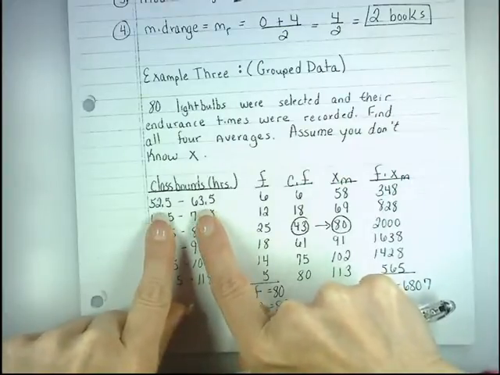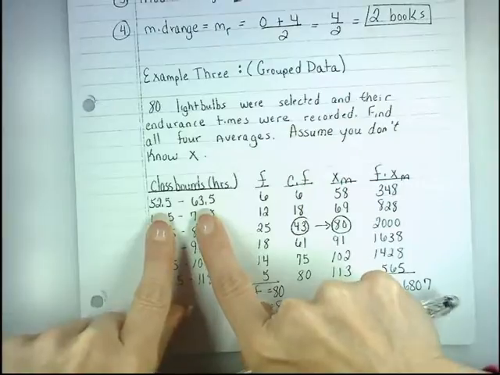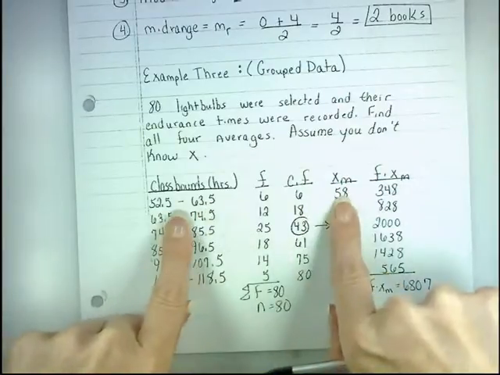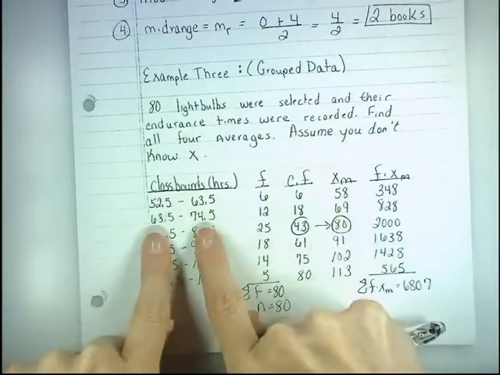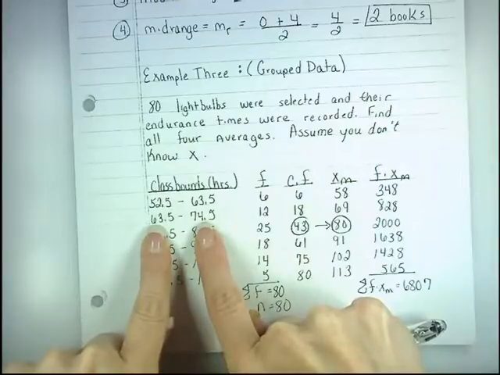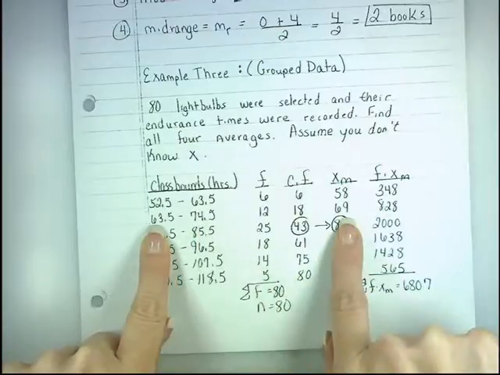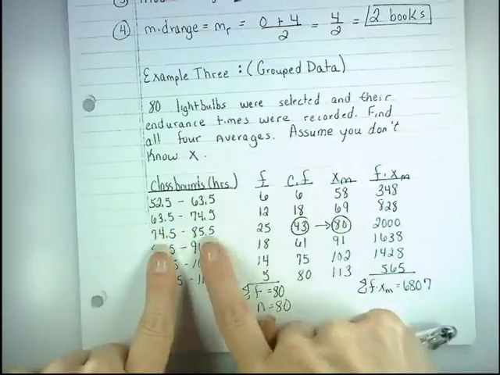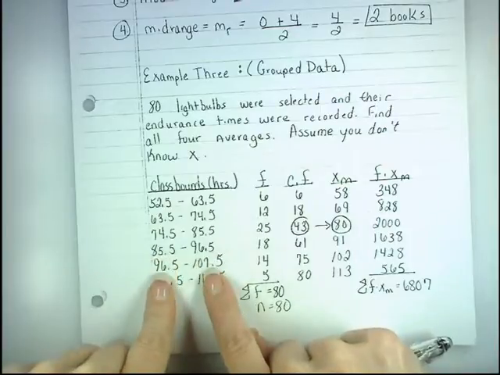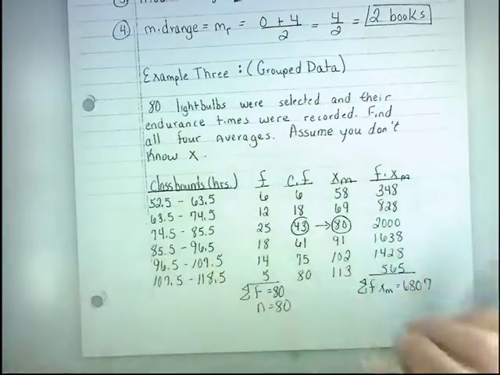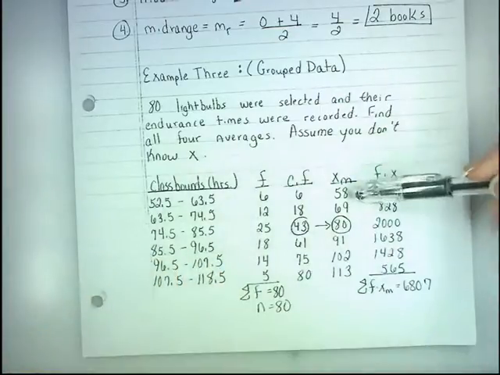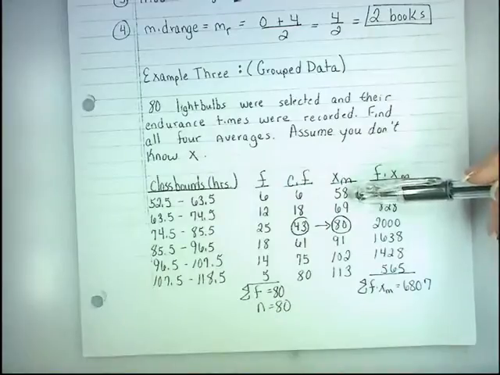If you average these two together, which means to add them up and then divide by 2, you will see that 58 is exactly between them. And you would have to go through that formula 6 times. 63.5 plus 74.5 divided by 2 is 69. Etc., etc.